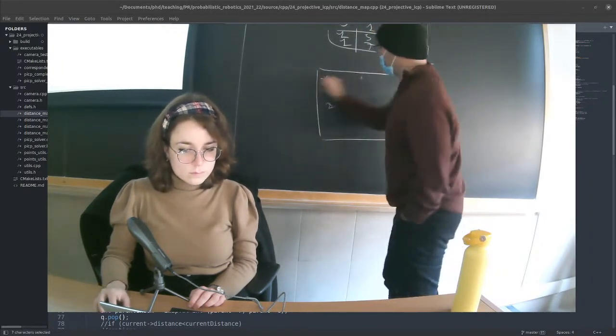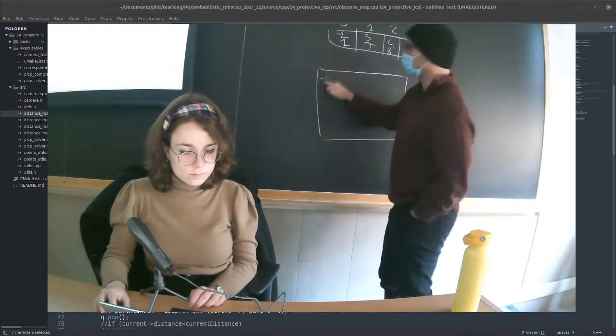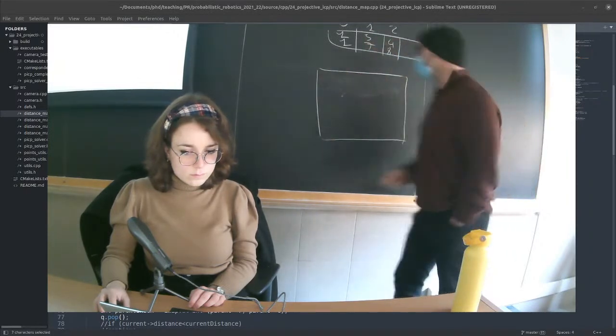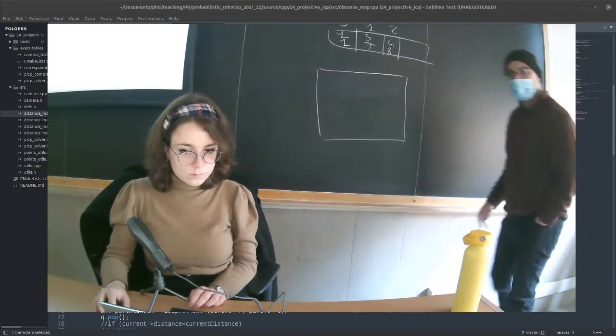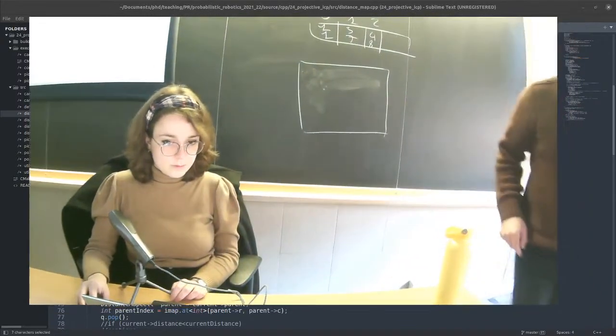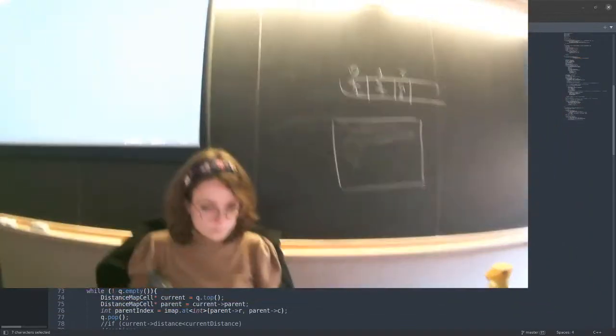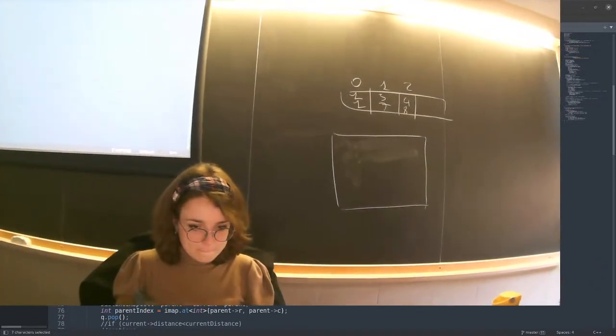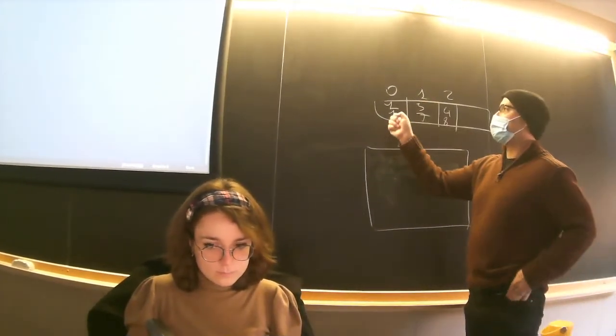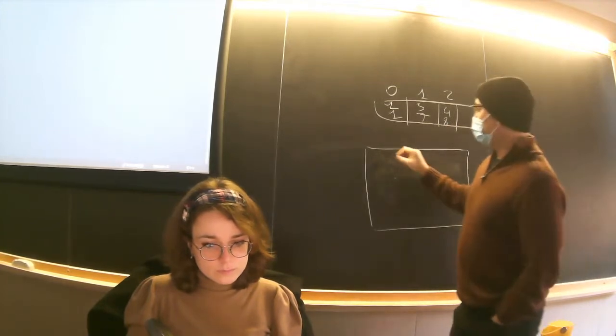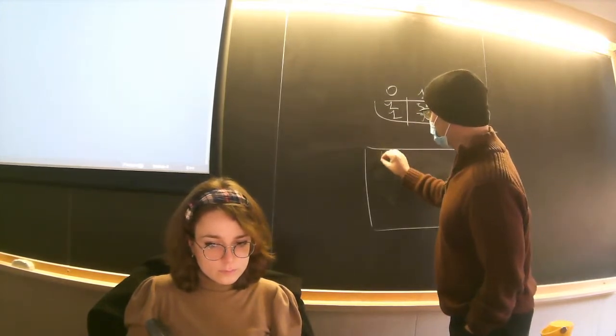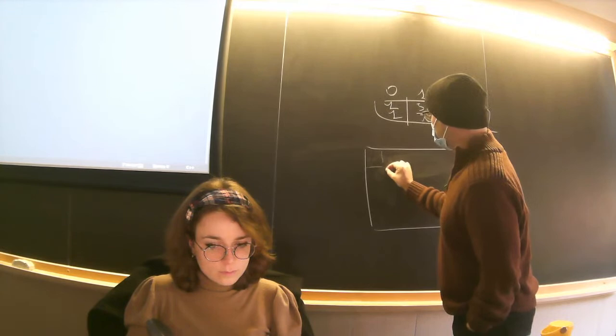Now, what will happen here is that in the distance map, which is initially initialized with all -1, in position 1, 1, which will be this, I'll put a 0.